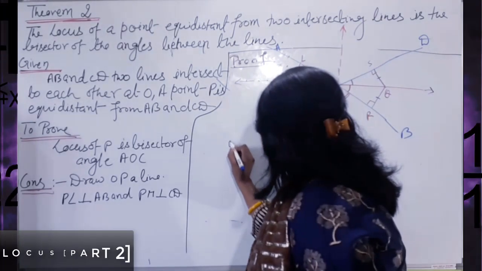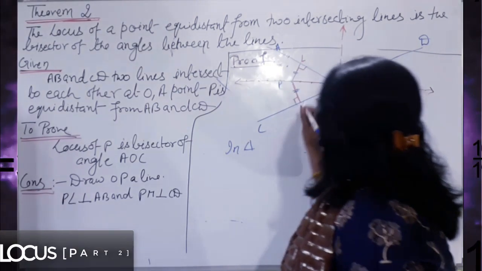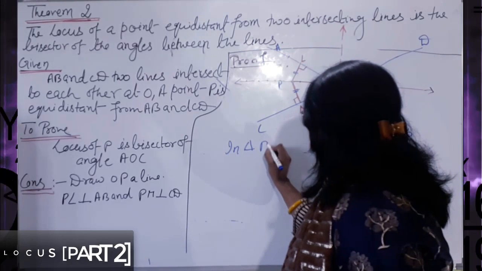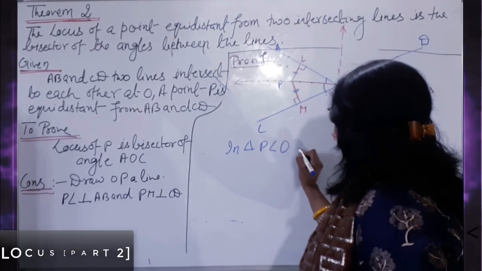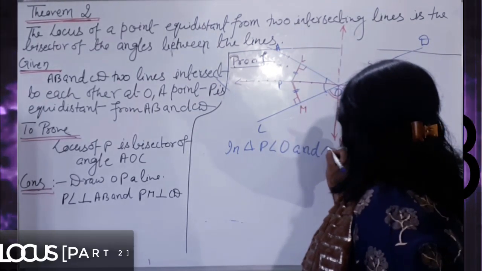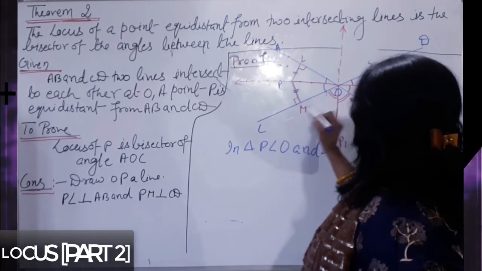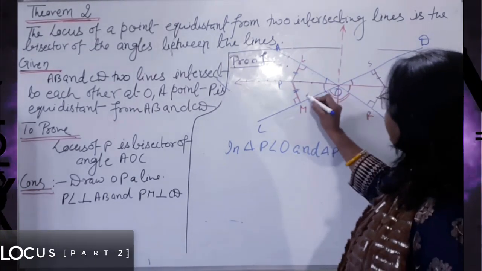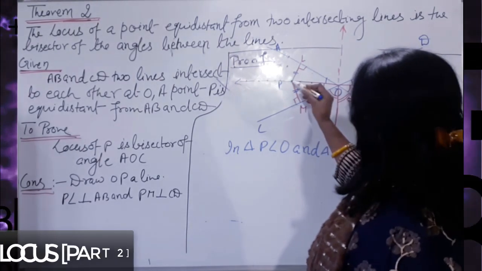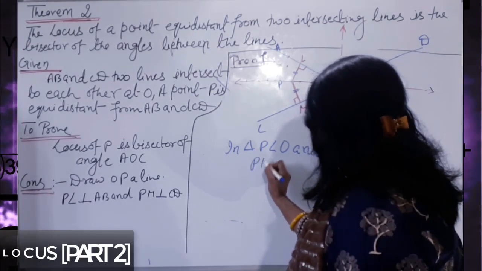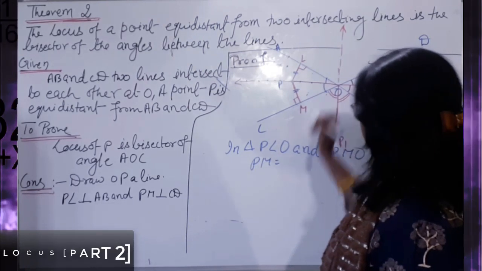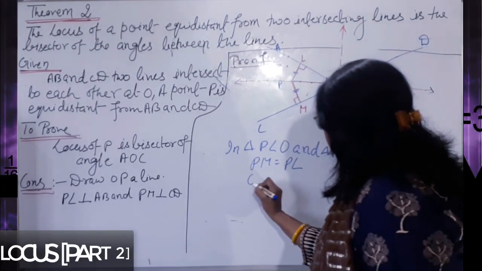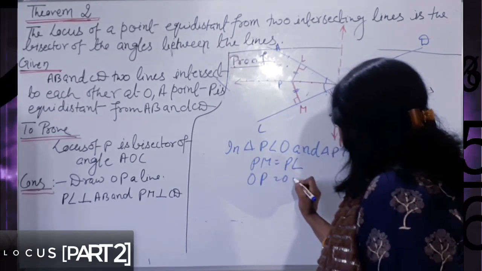Now in triangle PLO and triangle PMO, in these two triangles it is already given that PM is equal to PL. OP is equal to OP, common.